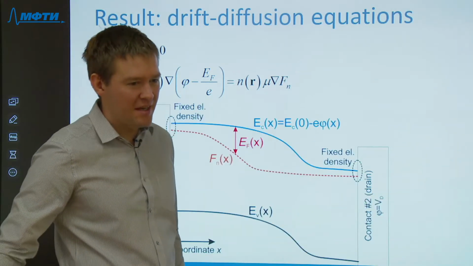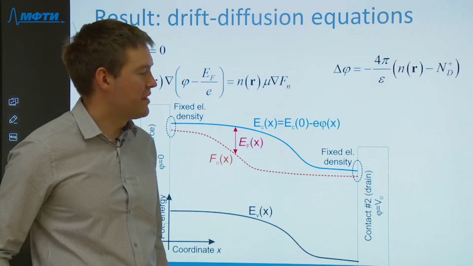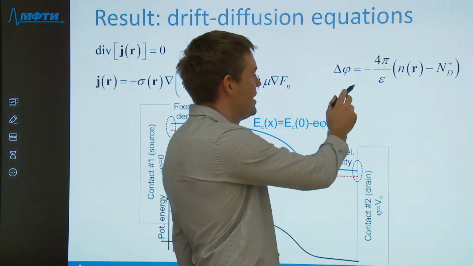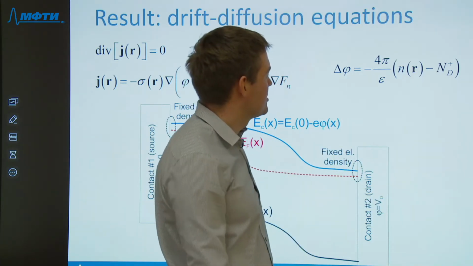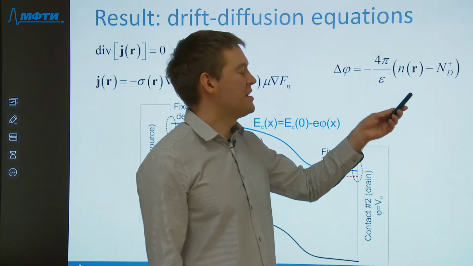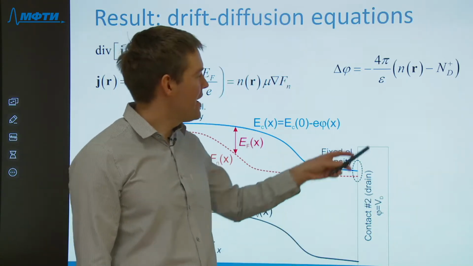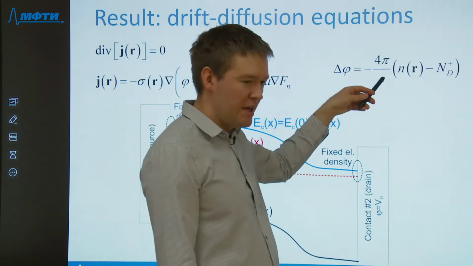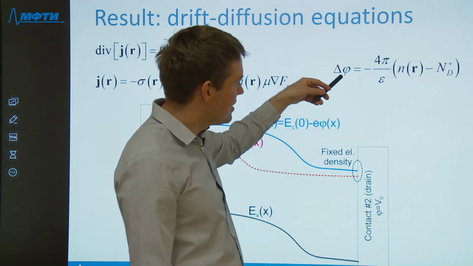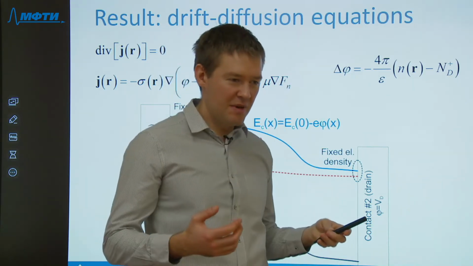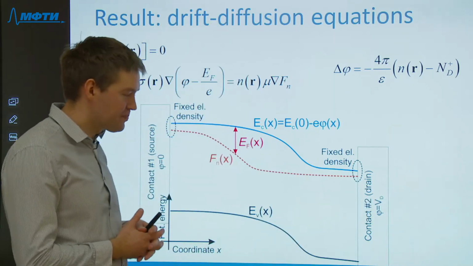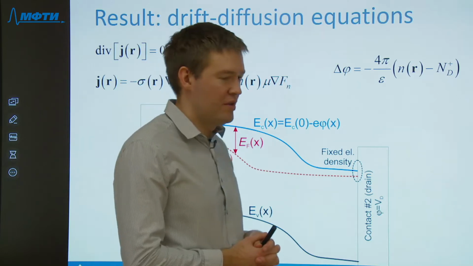This equation is the Poisson's equation, which tells us the relation between the second order derivatives of electric potential and the charge density. So if we have extra charge density accumulated due to non-uniformity of the electric field, then it will create some electric potential, and this electric potential will try to uniformize the initially non-uniform current.